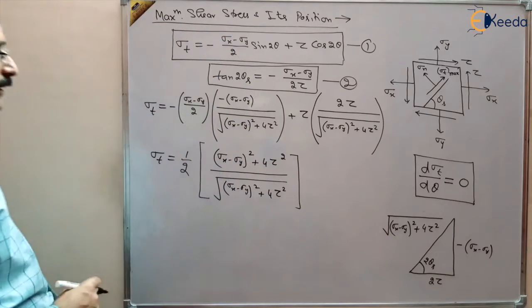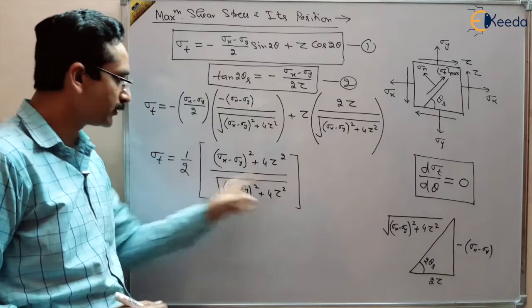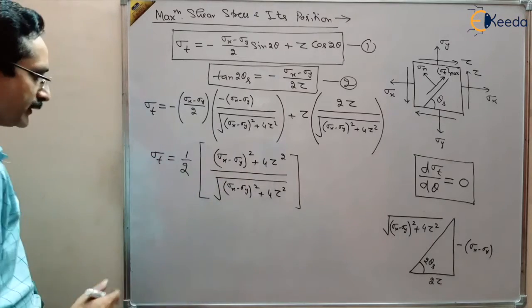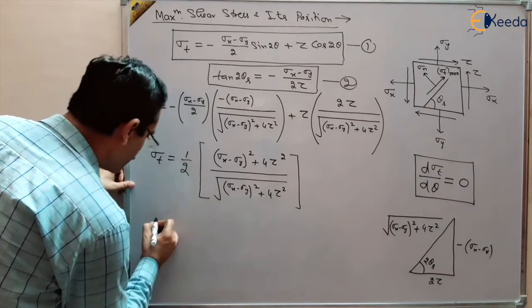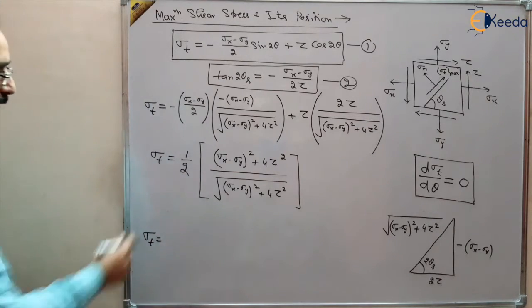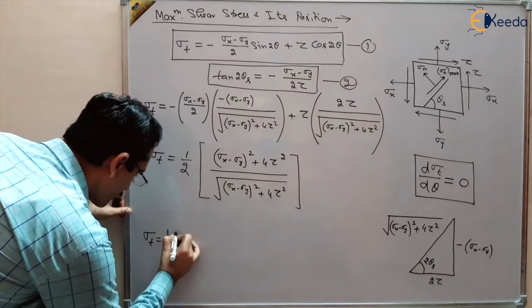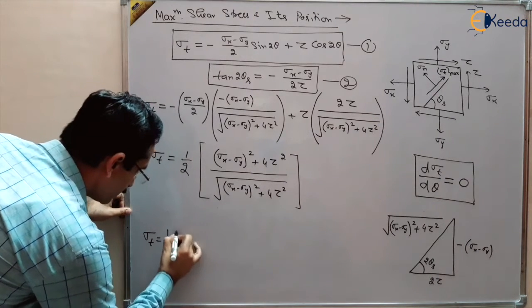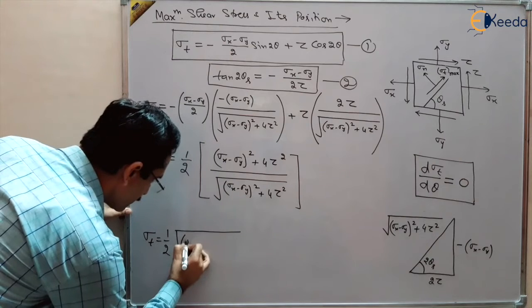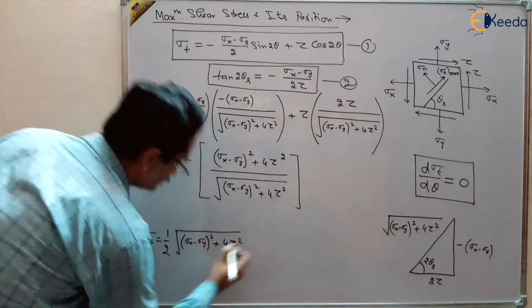You can see here in the numerator we have some value and the same value in the denominator under the root. So finally sigma t will be equal to half of the root of (sigma x minus sigma y) whole square plus 4 tau square.